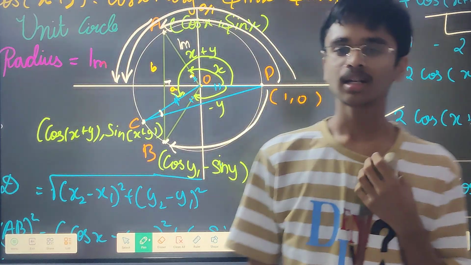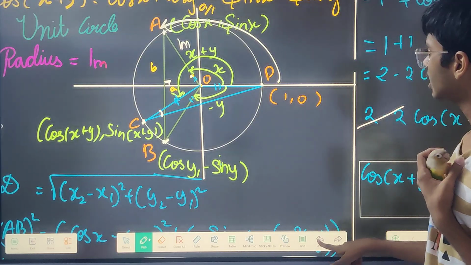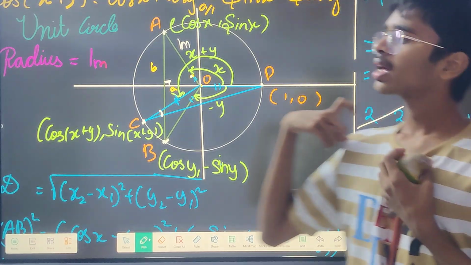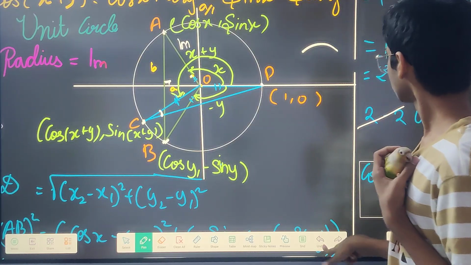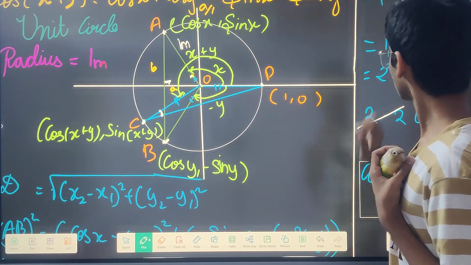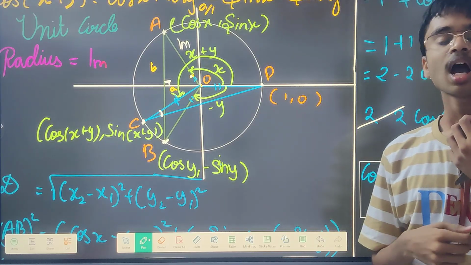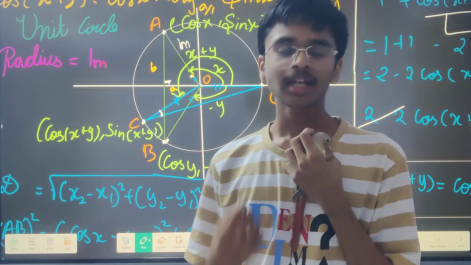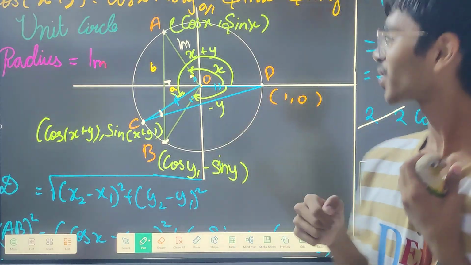These are just degrees, and we all know that when you are measuring an angle in the clockwise direction it should be negative, and when you are measuring an angle anti-clockwise it has to be positive.